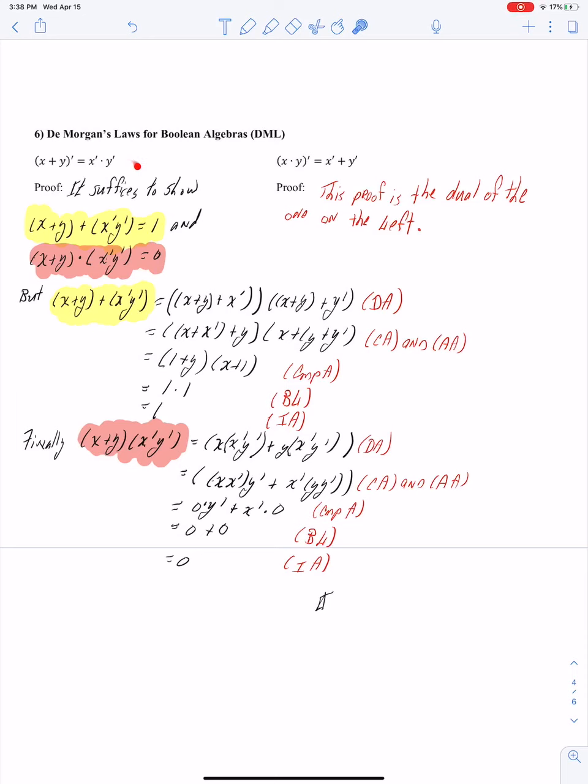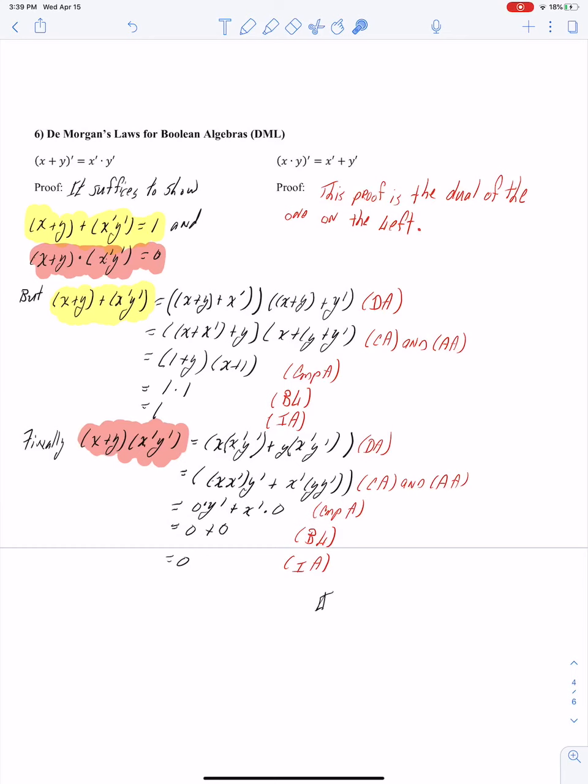Hence, this is true. Now again, you can go through the same argument by dualizing the one I just gave. Or maybe you'd like to try it on your own. But those now are De Morgan's laws. Okay, and now I know them to be true.